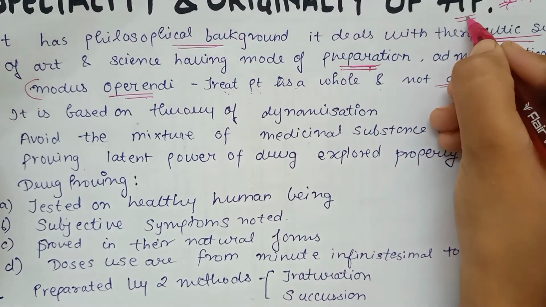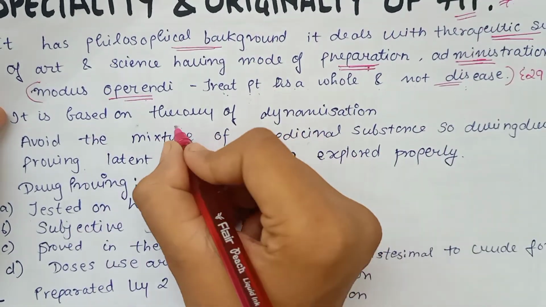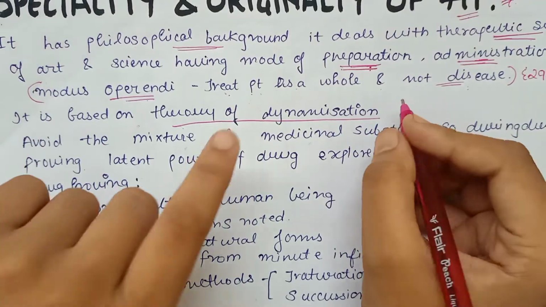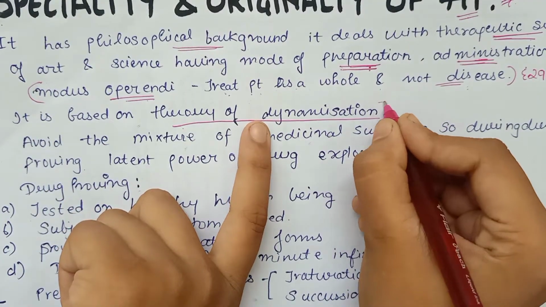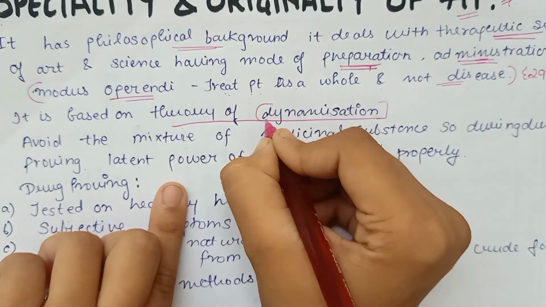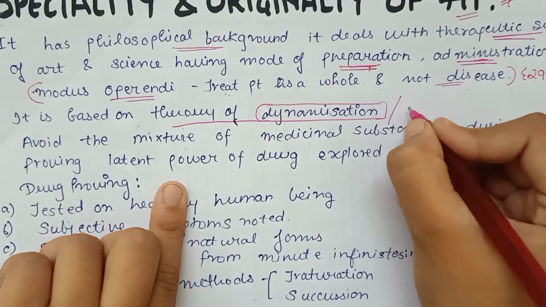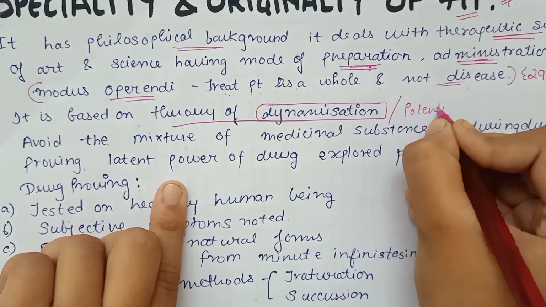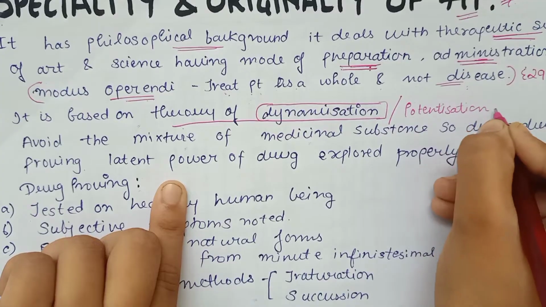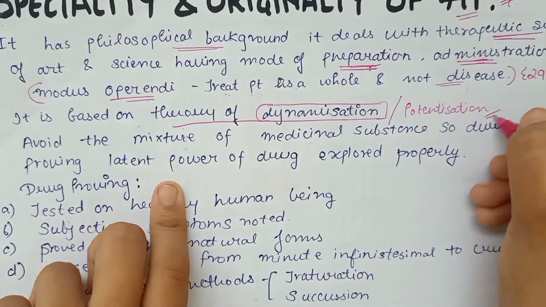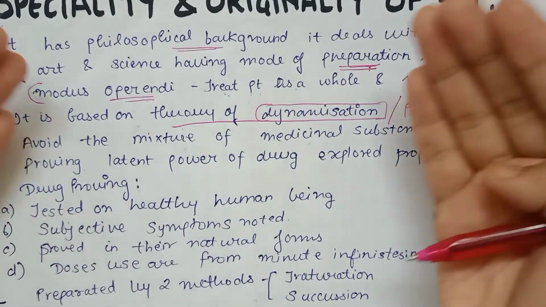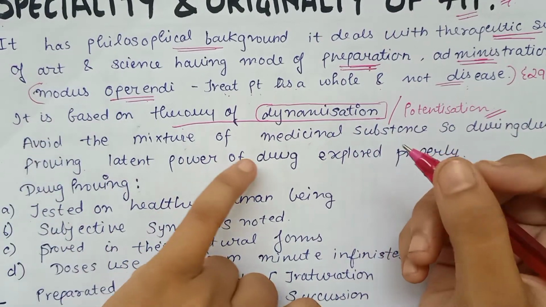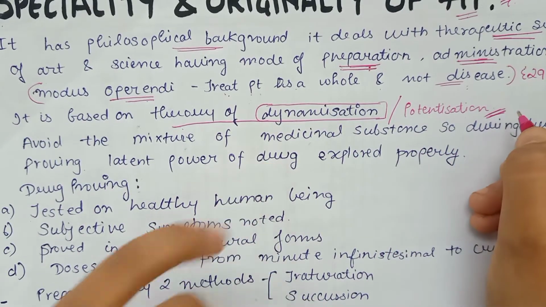Homeopathic pharmacy is based on the theory of dynamization. We have a whole new chapter on dynamization, which is also known as potentization. It is an important topic, and we will see an introduction here. It is based on potentization.